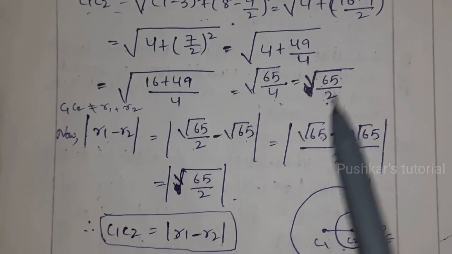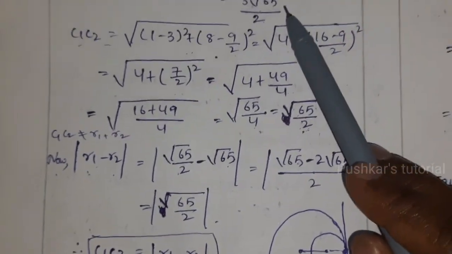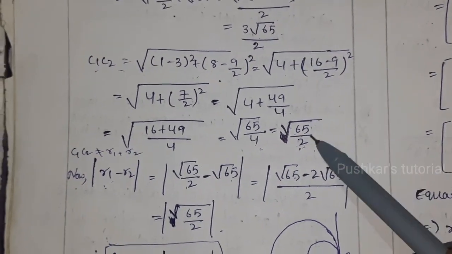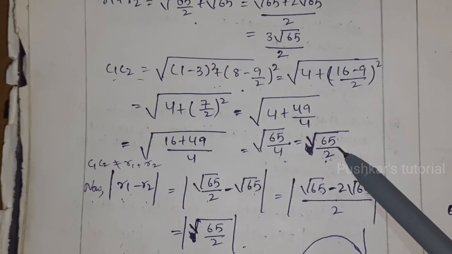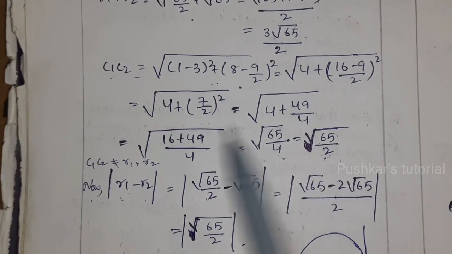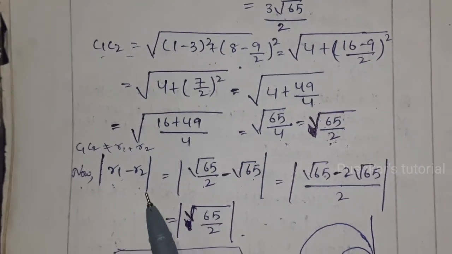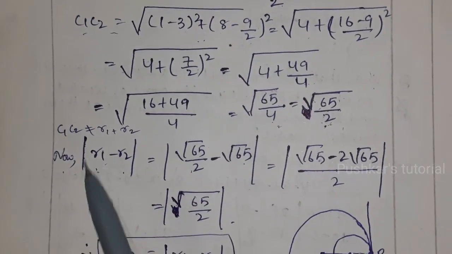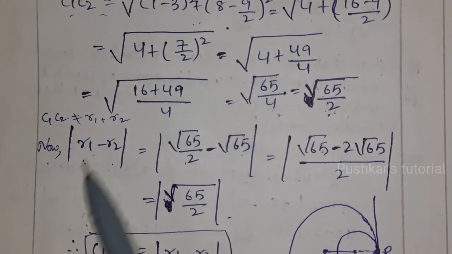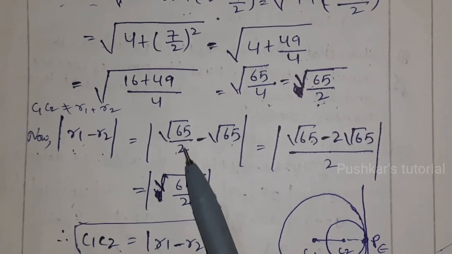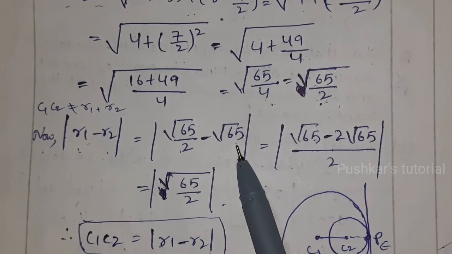Now observe. We got R1 plus R2 value as 3 root 65 by 2, but the C1C2 value is only root 65 by 2. Both are not equal. So addition is not equal, so consider subtraction. R1 minus R2, we don't know which one is bigger, so we have to put the mod: root 65 by 2 minus root 65.